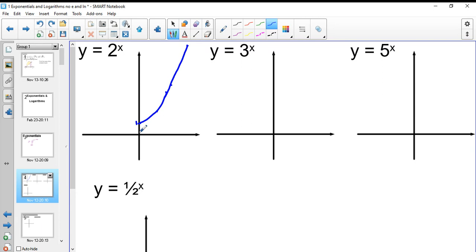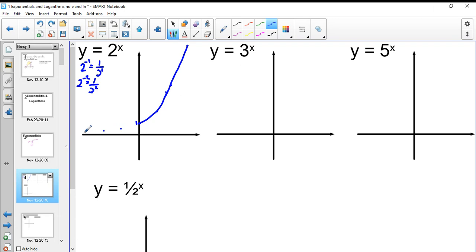What happens when x is negative? When x is minus 1, 2 to the minus 1, if you think of your index laws, is 1 over 2 to the positive 1, so y is a half. When x is minus 2, 2 to the minus 2 is 1 over 2 squared, which is a quarter.